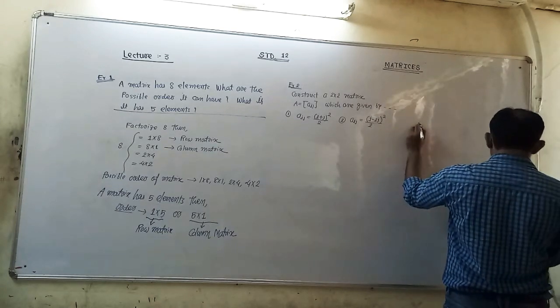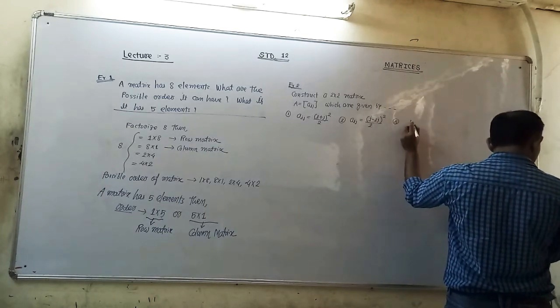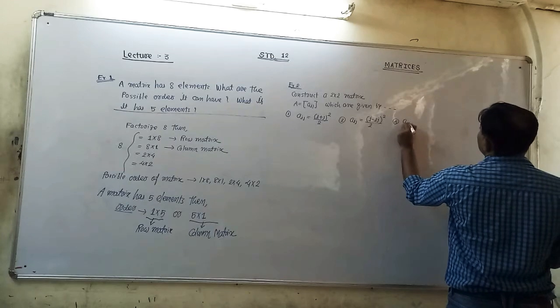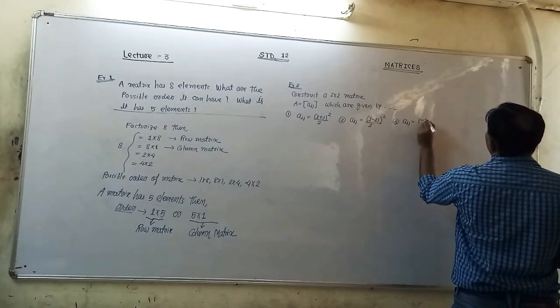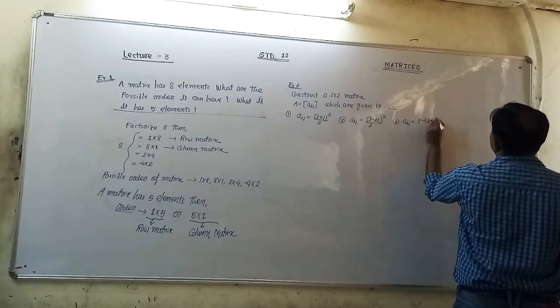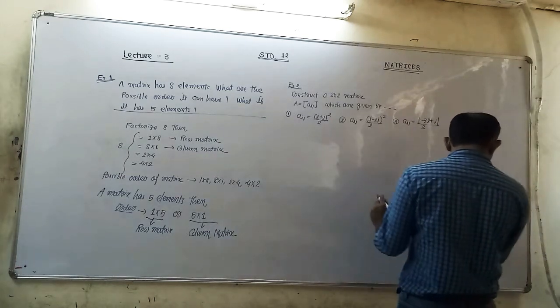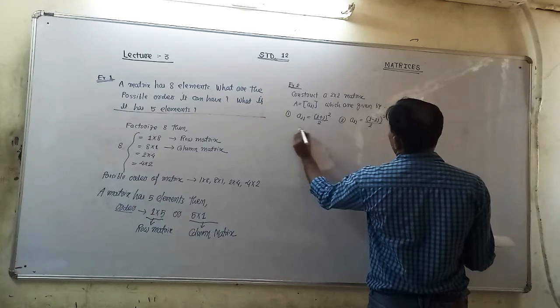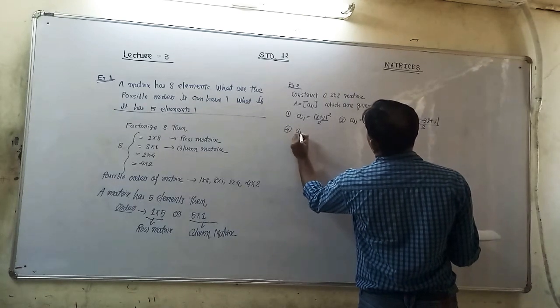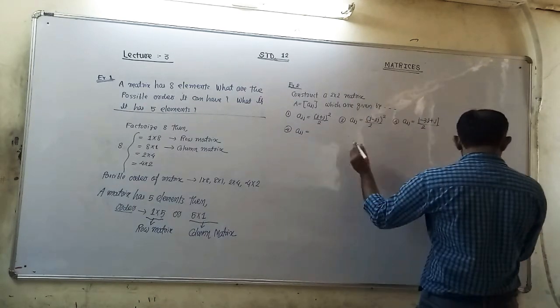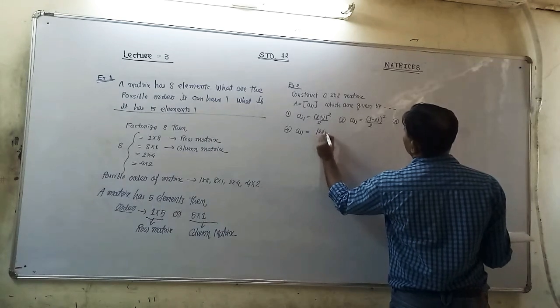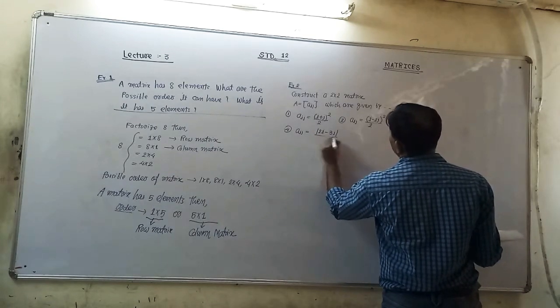Third one is Aij equal to modulus of (minus 3i plus j) by 2. Fourth one, I just write all the questions first, Aij is equal to modulus of (2i minus 3j) by 2.